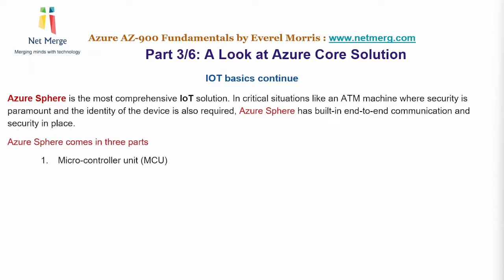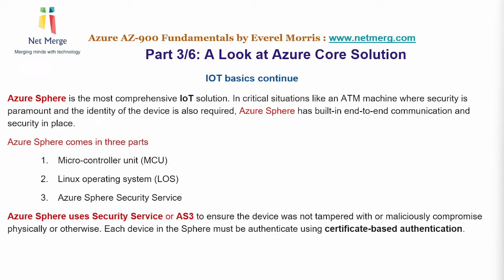It comes with three parts. There's a microcontroller unit that you would have to have installed in each device that you want to control with Sphere, so you could get end-to-end communication. There's also a Linux operating system that is common in electronic and consumer devices, and you also get the Azure Sphere Security Service as well.